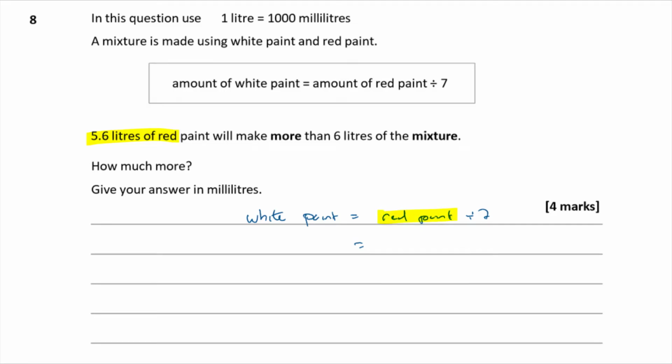So that's 5.6, and let's write that in, 5.6, and then we're dividing that by 7. So what is 5.6 divided by 7? That's 0.8. Okay, so that means we would have had 0.8 litres of white paint.